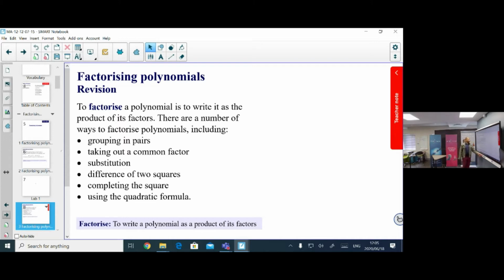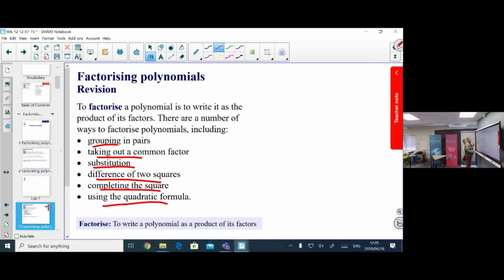And we began to mention that there are several ways of factorizing a polynomial. You can group in pairs, you can take out a common factor, you can use substitution, you can use the difference of two squares, you can complete the square, you can also use the quadratic formula.